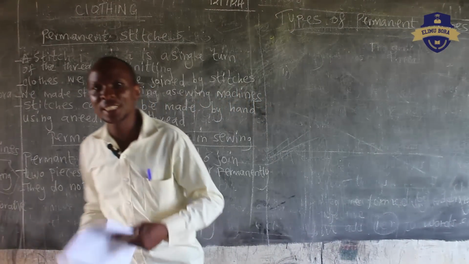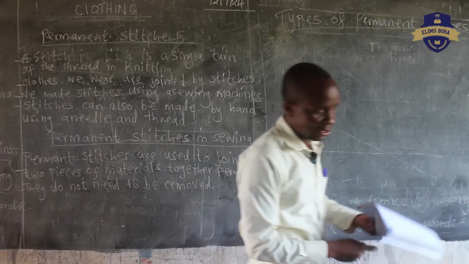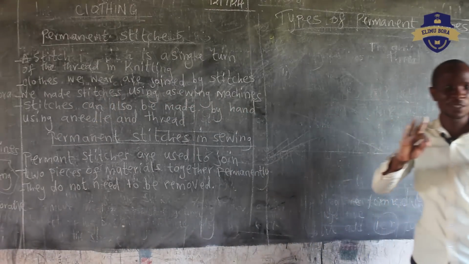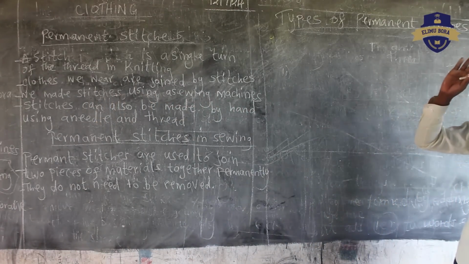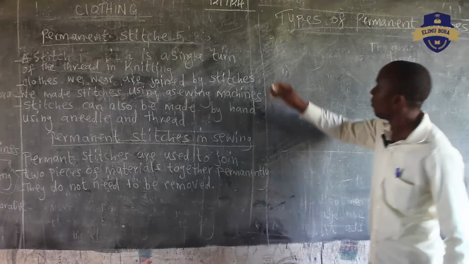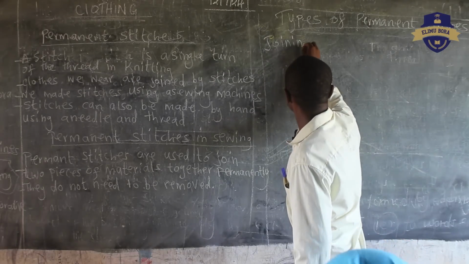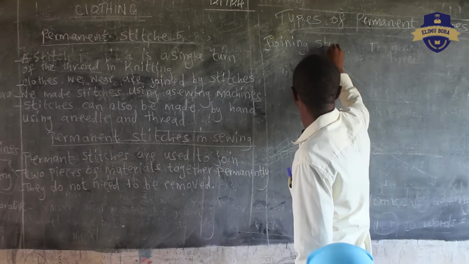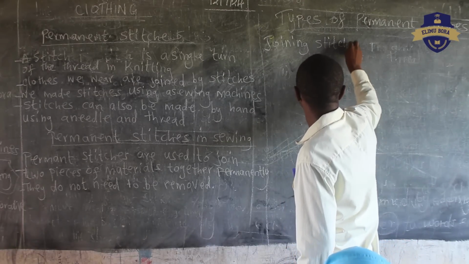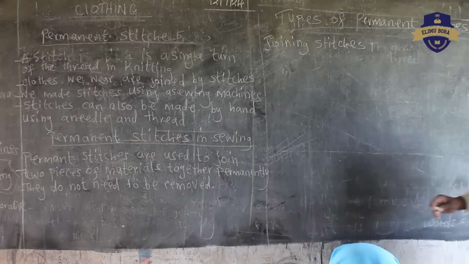We have 3 types of permanent stitches. Number 1 is called joining stitches. Say joining stitches.